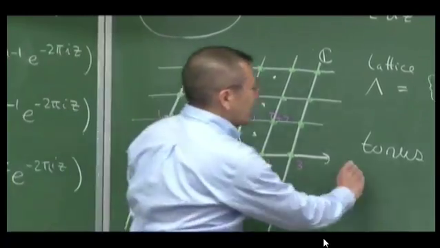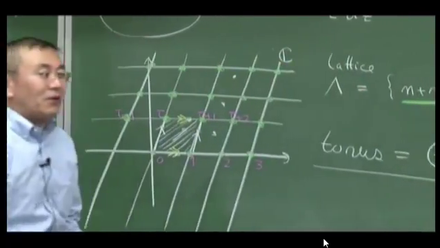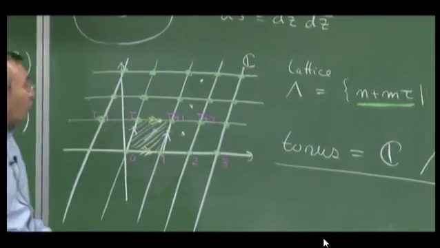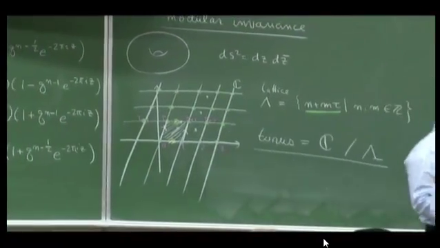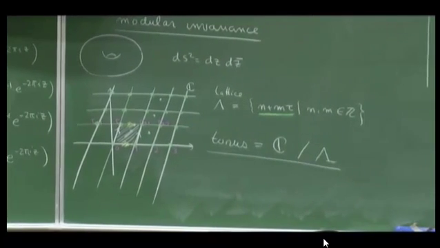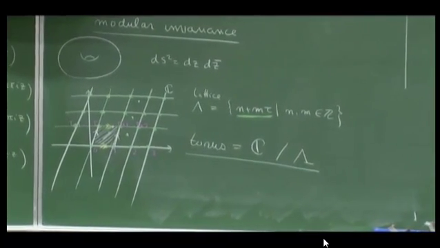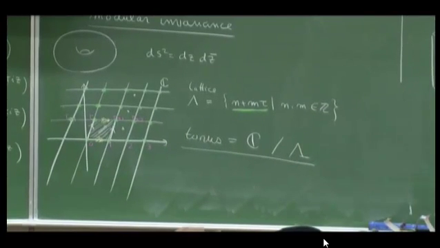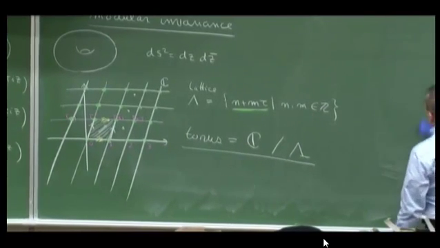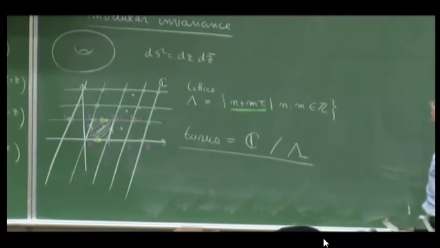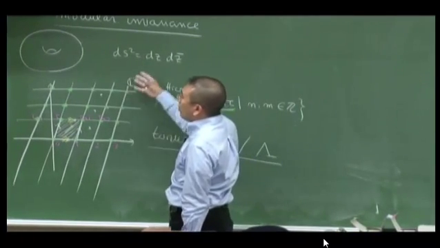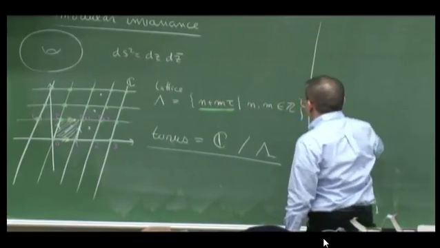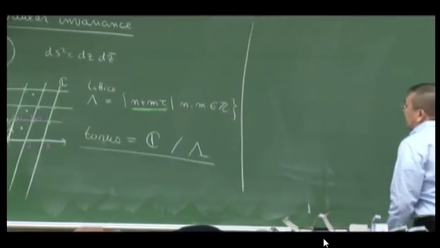So we see that this operation precisely gives you the operation that led to the construction of the torus. So we can think of the torus as the space obtained by dividing the complex plane by translation by some lattice. In this case, the complex coordinate on the complex plane gave you a natural complex coordinate on the torus.